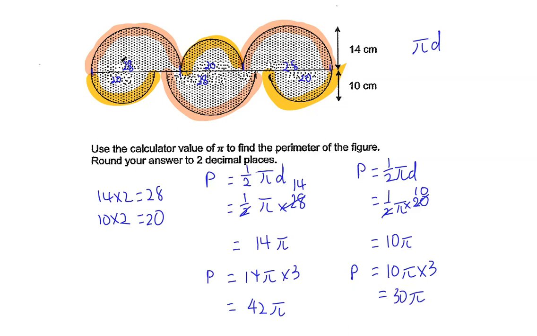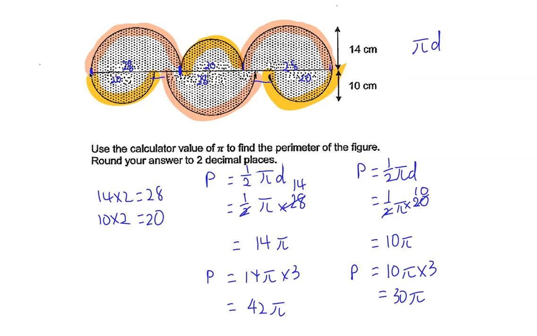Now we are done with finding the highlighted parts, both the orange and the yellow. Now we need to look for this portion here, because there's a gap here, so we need to find the length over here. If you look carefully, the diameter of the large semicircle is 28, and from here to here, it's 20, correct?